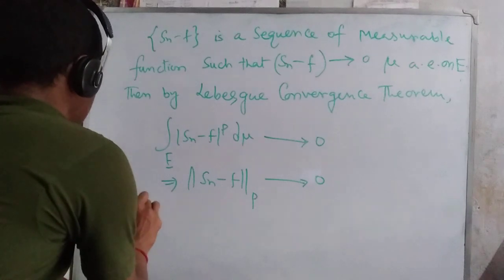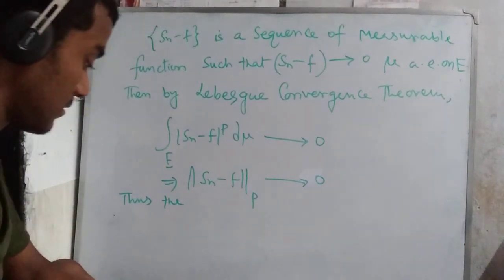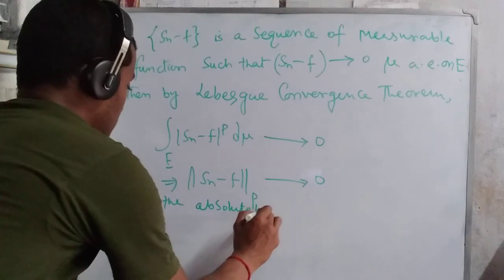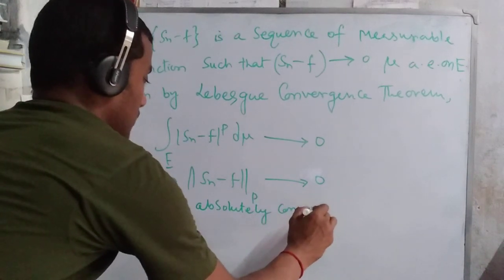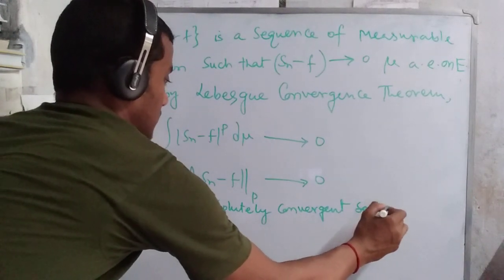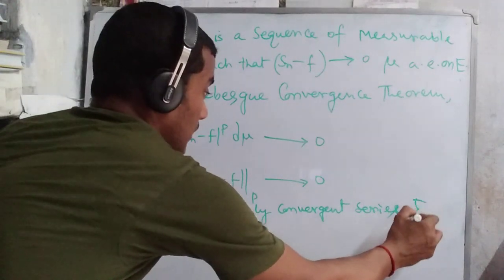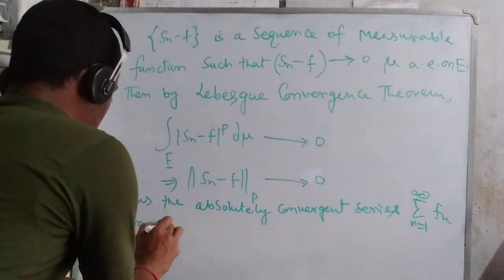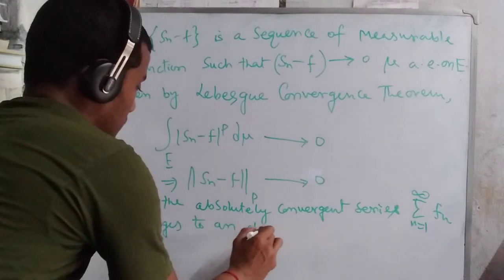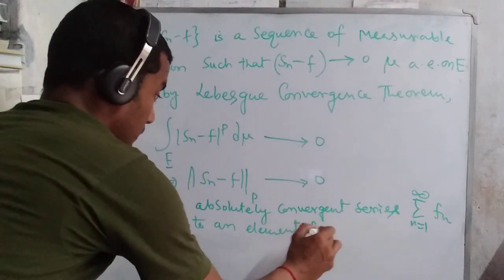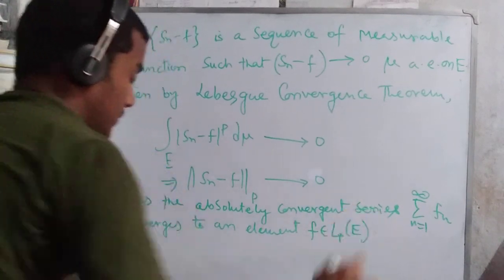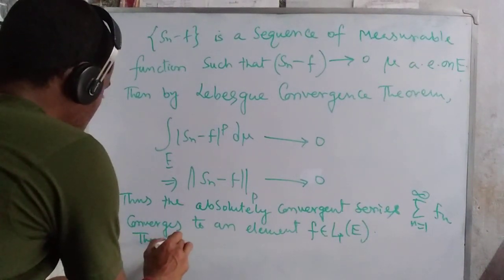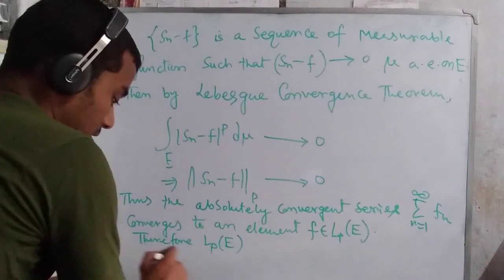Thus the absolutely convergent series summation n equal to 1 to infinity f_n converges to an element f belongs to L^p(E). Okay, therefore L^p(E) is complete.